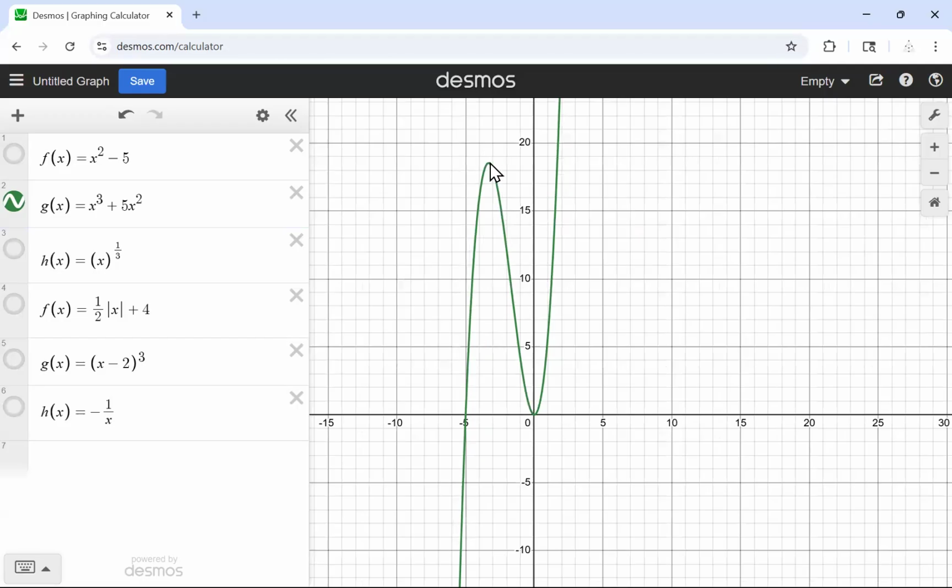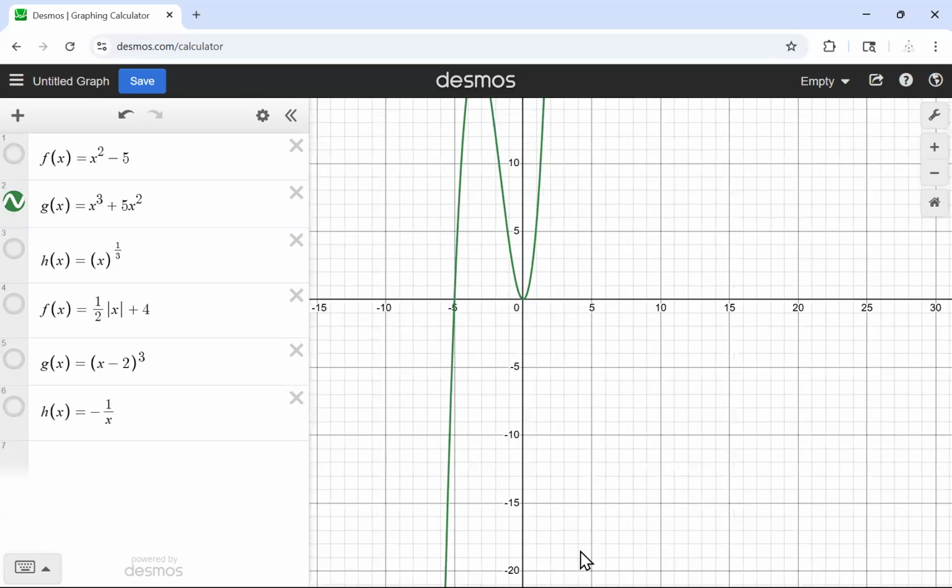This point here, negative 3.33, 18.51 should have a corresponding point of 3.33, negative 18.51, which it clearly doesn't.